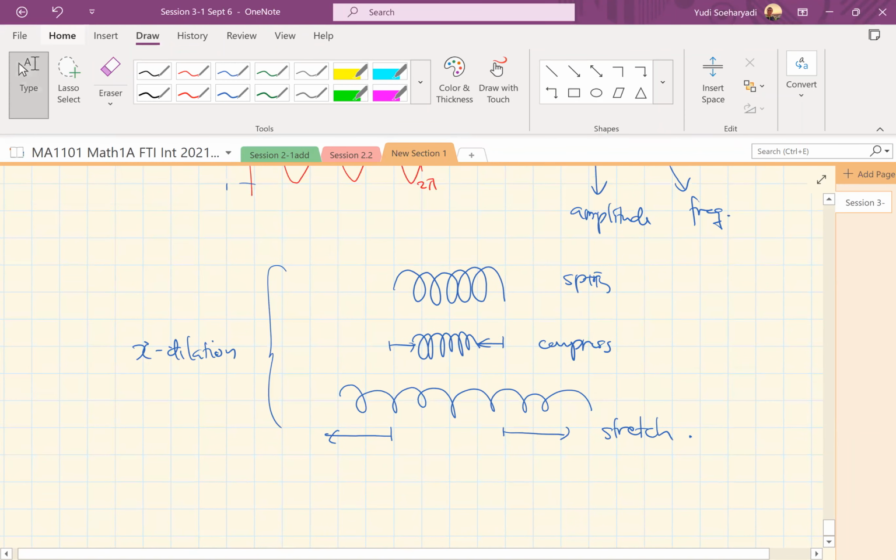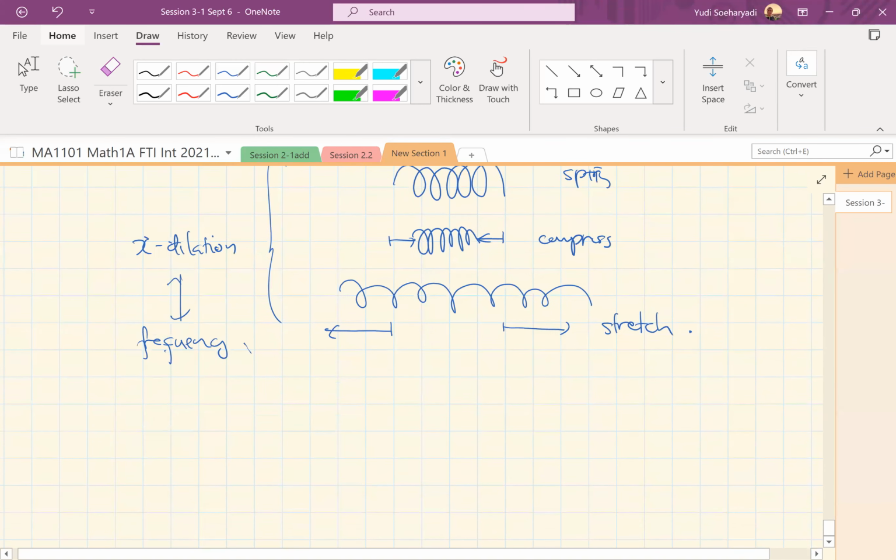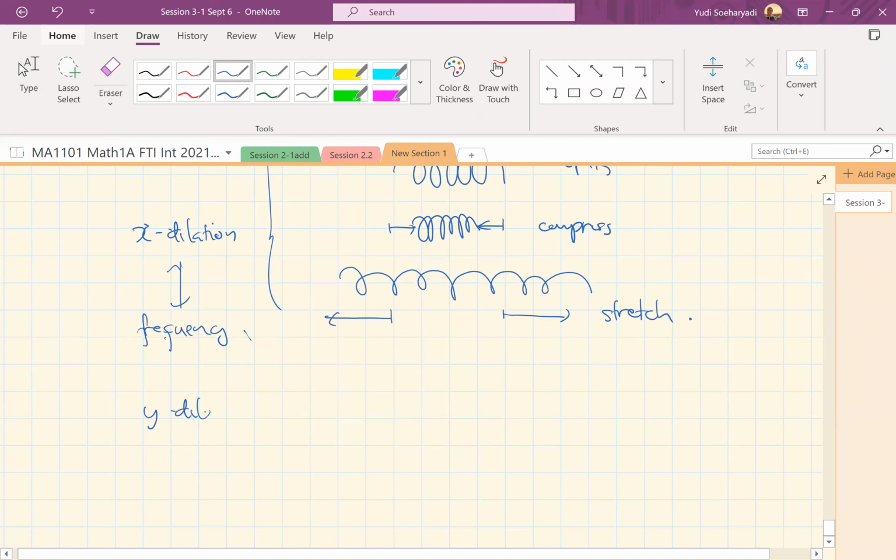So X dilation has something to do with frequency. And Y dilations is also stretch and or compress, but with amplitude.